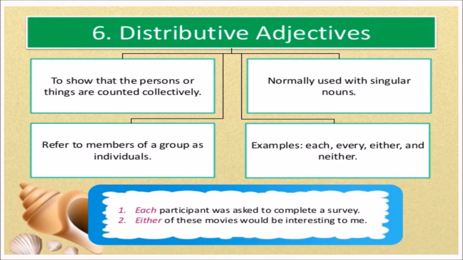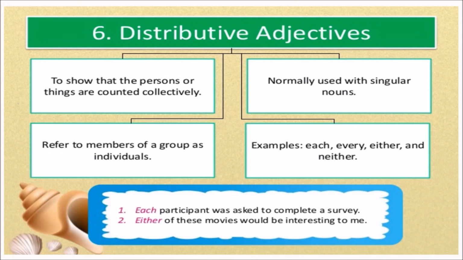The sixth type is distributive adjectives. Distributive adjectives are used to show that the persons or things are counted collectively. Distributive adjectives refer to members of a group as individuals. Then, distributive adjectives are normally used with singular nouns.